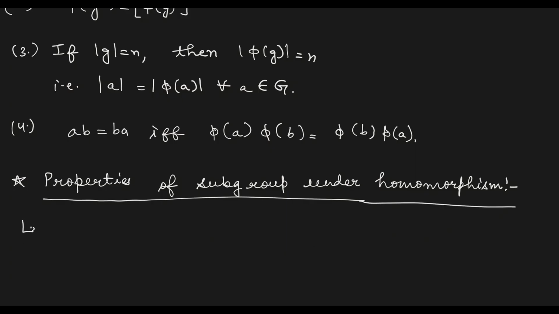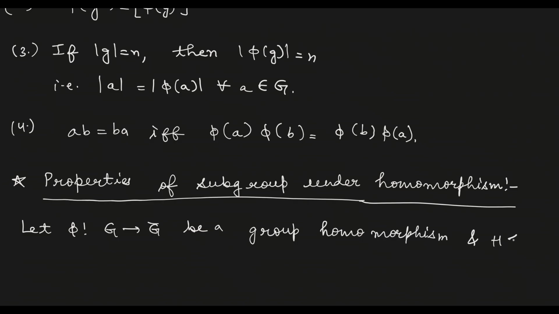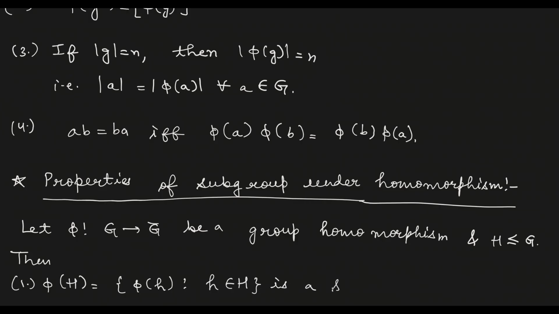Let phi mapping from G to G bar be a group homomorphism and H be a subgroup of G. Then first, phi H, this is equal to phi h such that h belongs to H, is a subgroup of G bar. That is, phi H is a subgroup of G bar.